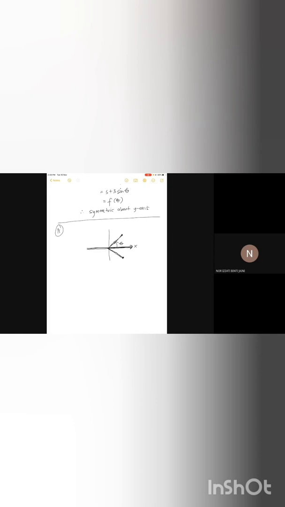So if this one is theta, the angle here to here will be negative theta. So to prove that your curve is symmetric about the x-axis, you have to prove that f theta is equal to f negative theta. Same as before, where it was pi minus theta, this one is negative theta.